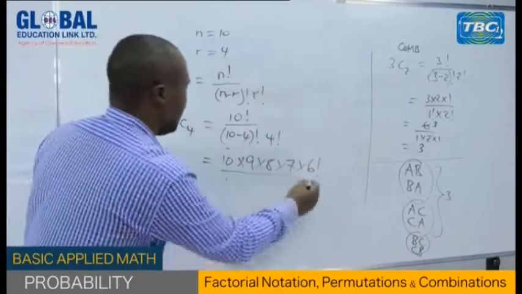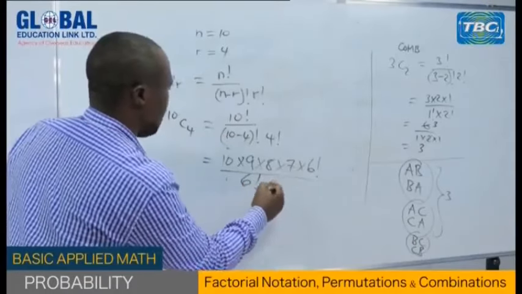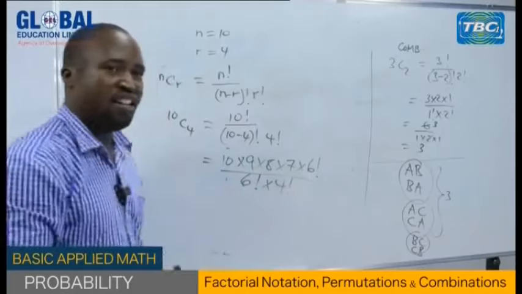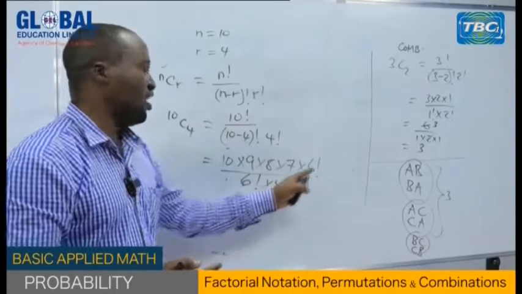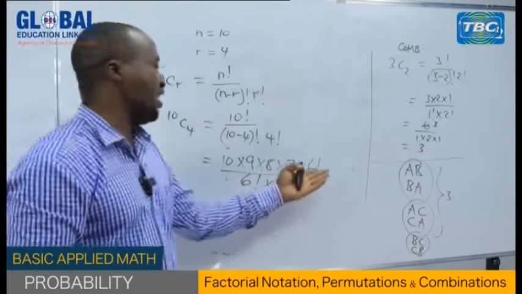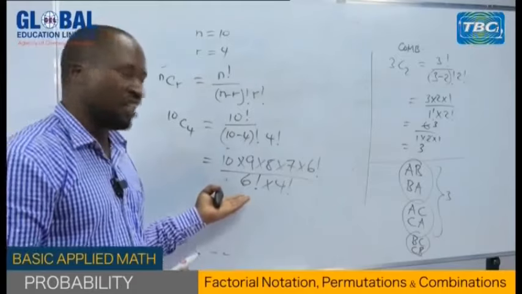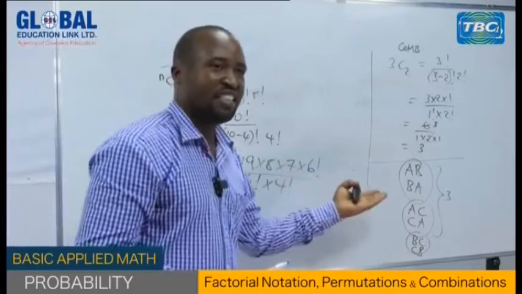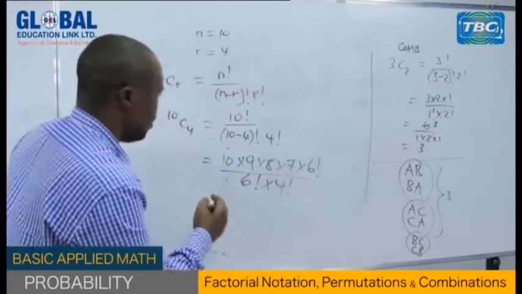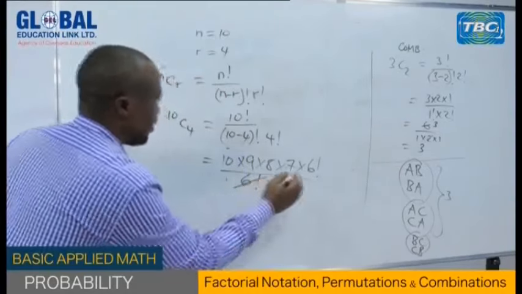Because we have 10 minus 4, that is 6 factorial, times 4 factorial. In this case, you can simplify 6 factorial and 6 factorial. Otherwise, if in the denominator there were no 6 factorial, I could proceed until 1. So 6 factorial and 6 factorial can disappear that way.